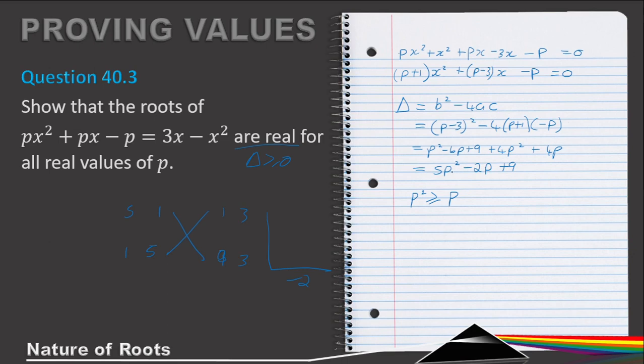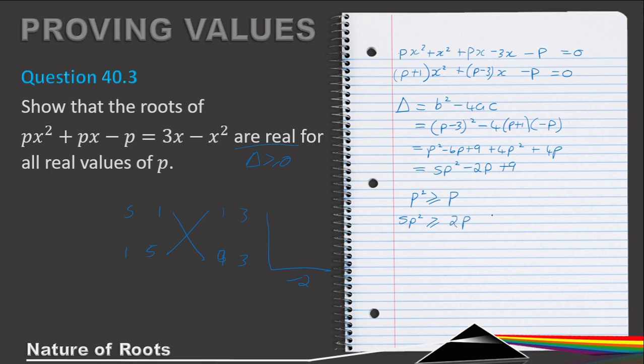Now, if you take a bigger value and you multiply it by an even bigger number, like 5, than you multiply the smaller value, it's going to still be bigger. So I can safely say that 5p squared is still going to be bigger than 2p.